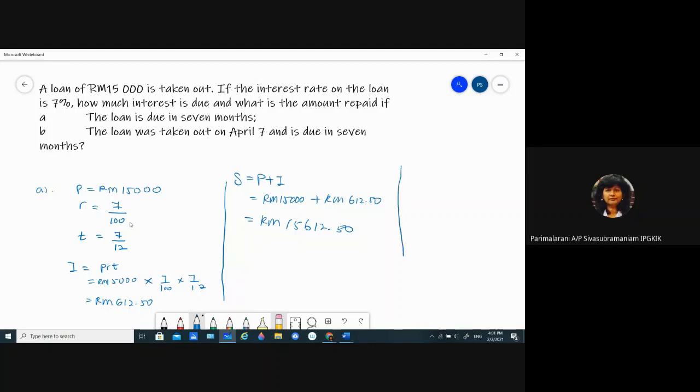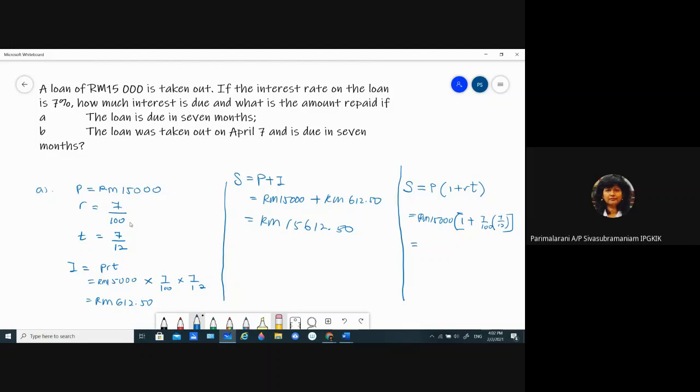If we want to find just the sum that we need to pay back, we can also do it this way. You know that S equals P times 1 plus RT. We saw this formula just now, right? So our P is the principal, which is 15,000, times 1 plus R, which is 7 over 100, times T, which is 7 over 12.